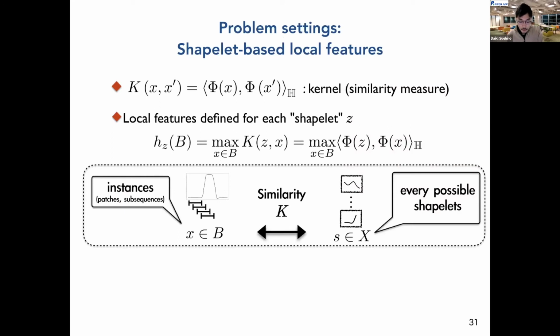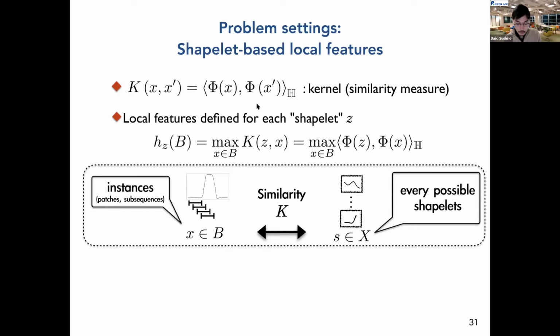And here we define a local feature more formally. We assume that similarity between each instance, for example, patches or subsequences, and shapelet. Similarity between instance and shapelet is defined by some kernel function, K, which is a dot product over Hilbert space.